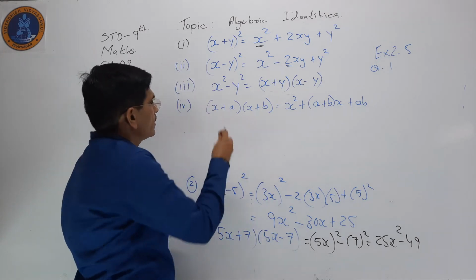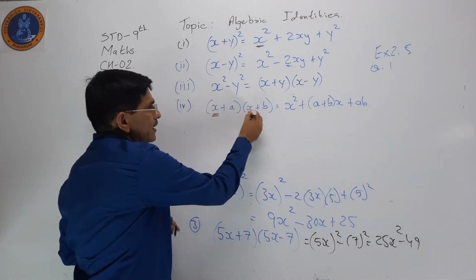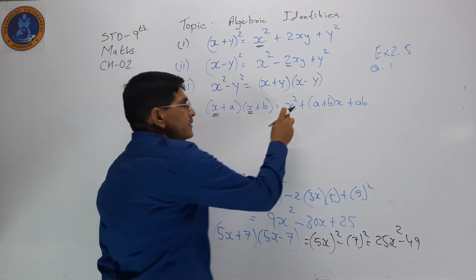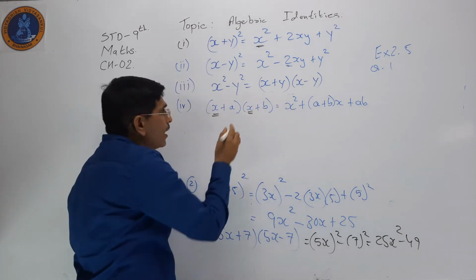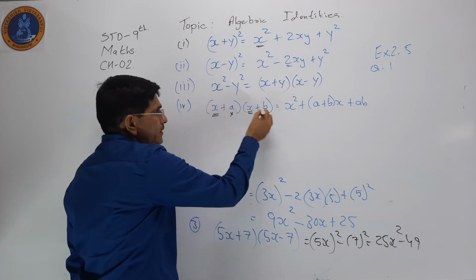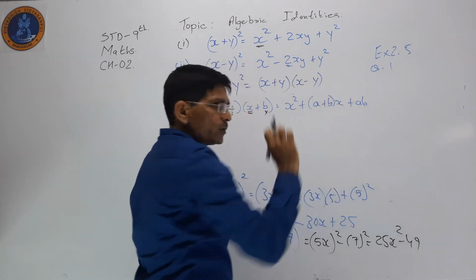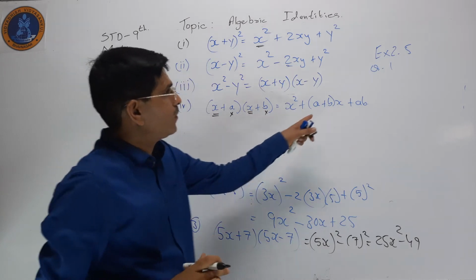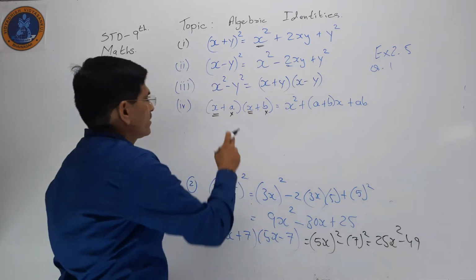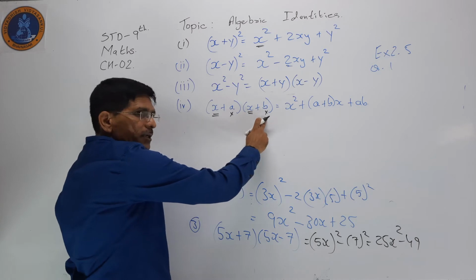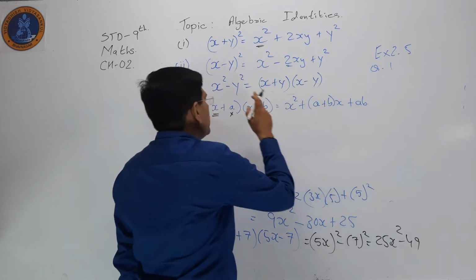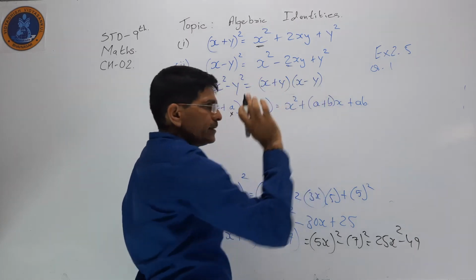Again, here x, here x. So what do I have to write? x square. Last, we have to write a into b. In the middle, I have to write a plus b, and in bracket I have to write x.